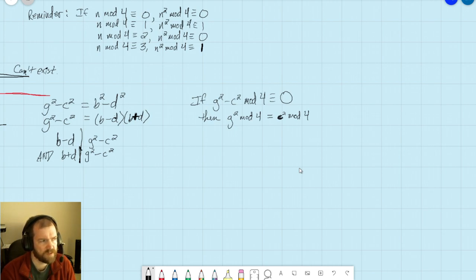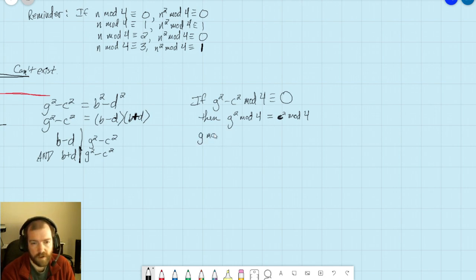Anyway, we already had the fact that any n squared is either going to be 0 or 1 exclusively. So g mod 4 and c mod 4 could be any of 0, 1, 2, or 3. But this just says that these have to have the same modulus when you are squaring the individual terms.